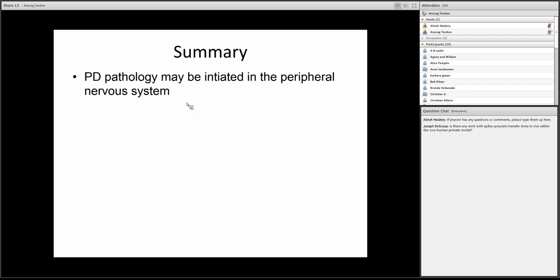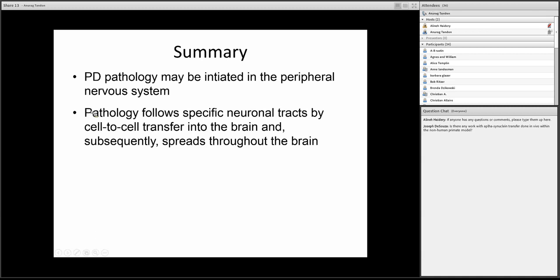So this is something that is still being studied intensely, my lab included. We're looking at ways, in animal models, to see whether synuclein pathology can be propagated from the gut into the brain. We do know, however, that the pathology seems to follow specific neural tracts, at least in the brain, by cell-to-cell transfer.